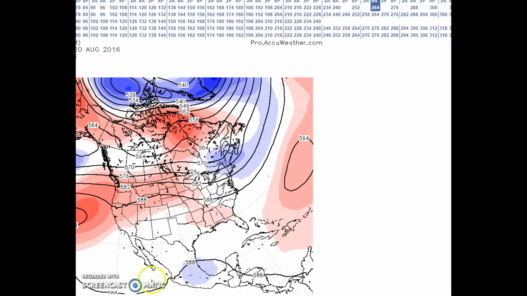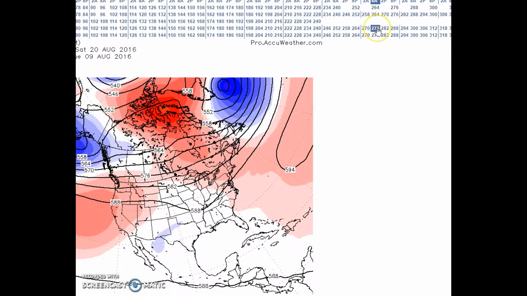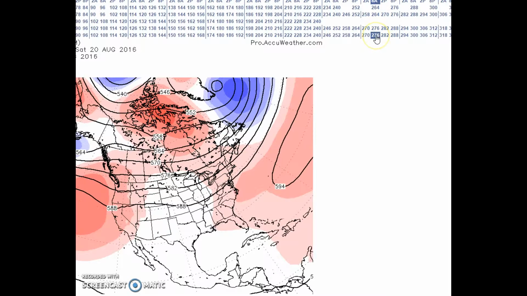Now we're going to look at the period for August 20th to 24th. Here we are at the 20th, and the models are split. Here you're looking at the GFS, where the GFS and its ensembles are forecasting the trough here, where you have the European ensembles and the Canadian all showing nearly zonal flow with near to above normal heights. Have a ridge here, so our trough here over the Aleutians.